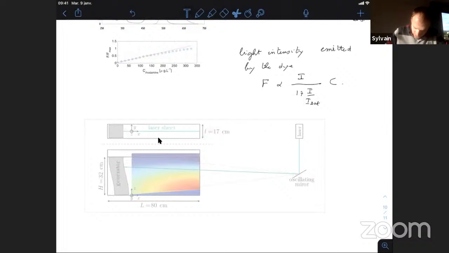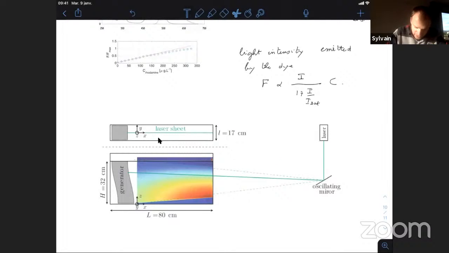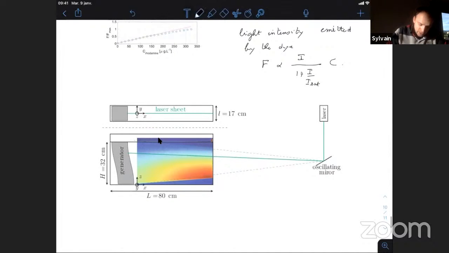You have your laser, you use an oscillating mirror to have a laser sheet, and you have what you observe. Then you need to use two cameras with two different optical filters.